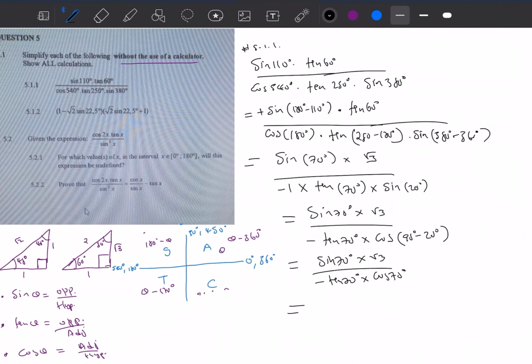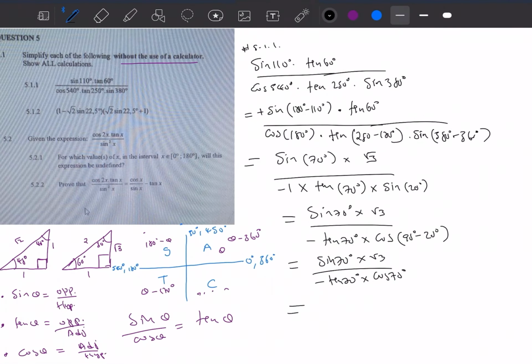So we can just take sine of 70 degrees over cos 70. We know that sine theta over cos theta is equal to tan theta. So sine 70 over cos 70 is equal to tan 70.